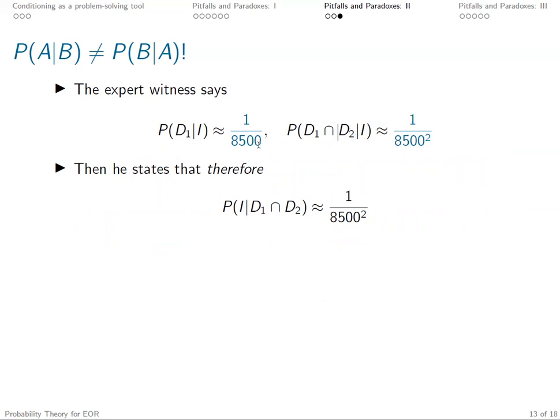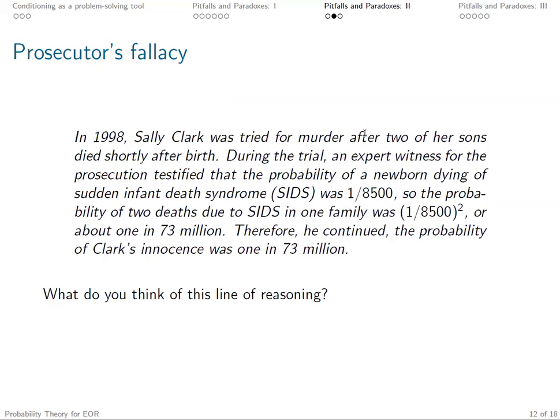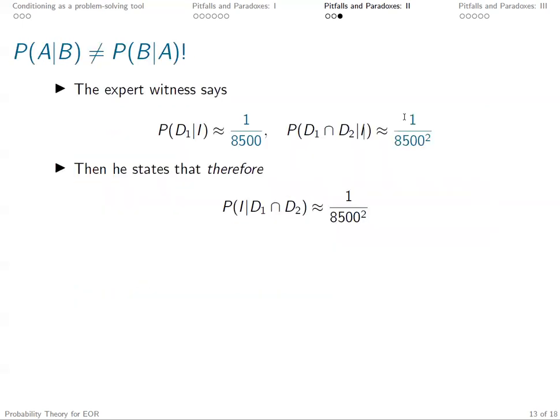What the expert claims is essentially that P(D1 | I) is 1 over 8,500, and the probability of this joint event conditional on Clark being innocent, P(D1, D2 | I), is 1 over 8,500 to the power 2.